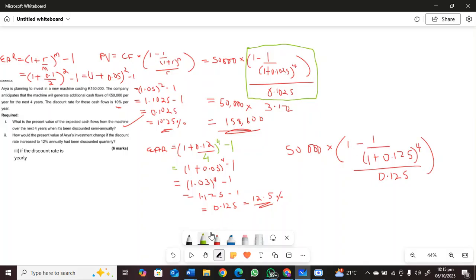Colleagues, when we do this tabulation here, I'm just feeling lazy to do this tabulation. I've talked so much, so that's why I'm skipping this tabulation. What did we get when we did this tabulation there?